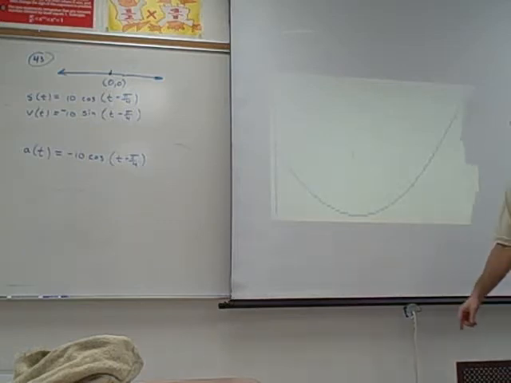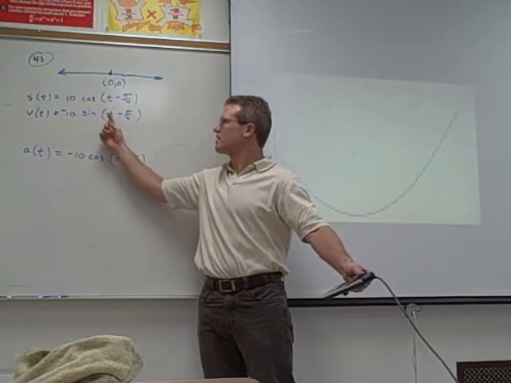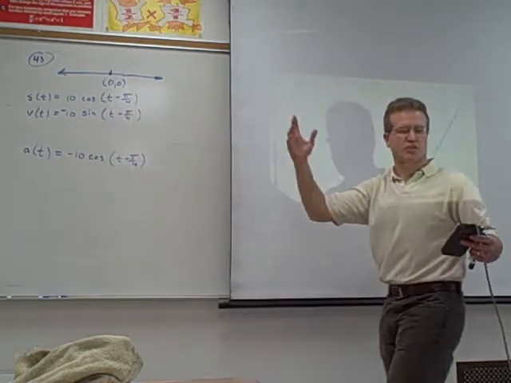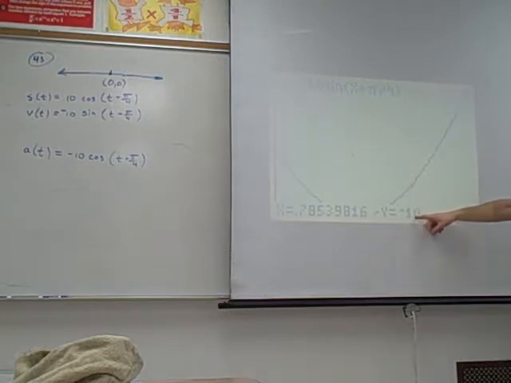The other thing I could do is, on my home screen, just type negative 10 times the sine of t plus pi fourths. I'll show you that in a minute. If I hit trace and then alpha t, it'll trace to that point, and we can see my velocity is negative 10.